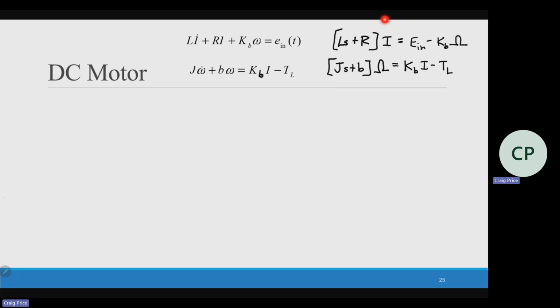So I'm just going to use all KB there. We have En, and we have load torque. And then at the end of this, we've got our rotor speed, which is omega.